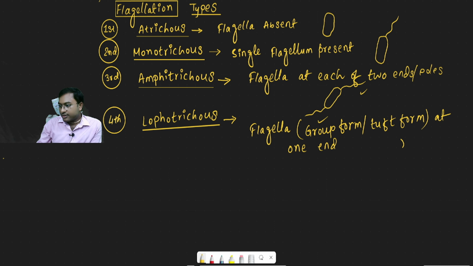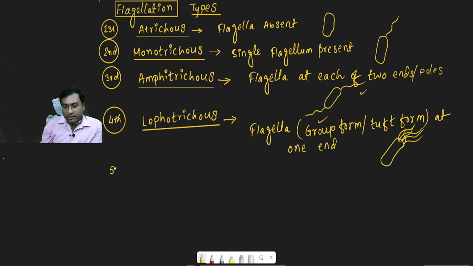This type of structure is seen in the LOPHOTRICHOUS form. So flagella are present in a group or tuft form at one end.